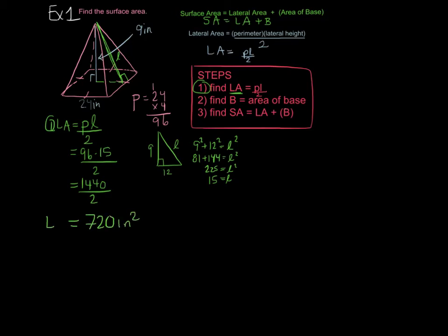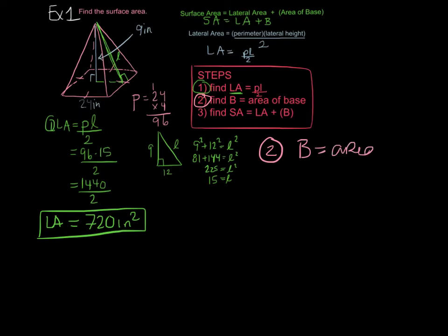So let's just recap what we just found. The lateral area is the area of these 4 triangles that come up to this point, but it doesn't include the base. And that makes sense that our next step would be to find the area of the base. The area of the base happens to be the area of a square, which I know is a parallelogram, so I'll need to find the base and the height.